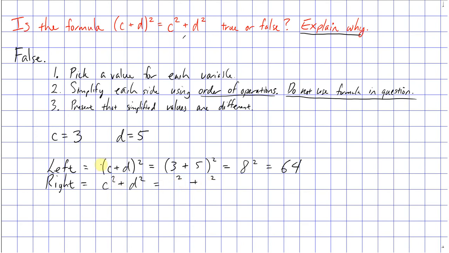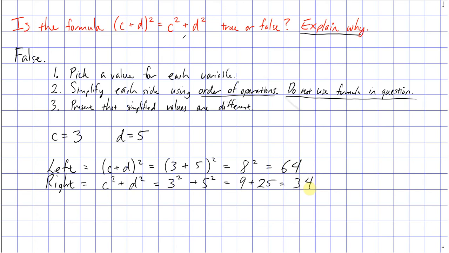I'm going to replace the c with the same thing, so I'll have a 3 instead of a c. And there's that plus sign, then there's a square, so all that's missing now is a d. Instead of writing in a d here, I'm going to put a 5 there. So I'll have 3 squared plus 5 squared. I should simplify the exponents first. So I'll have 9 plus 25, which is equal to 34.